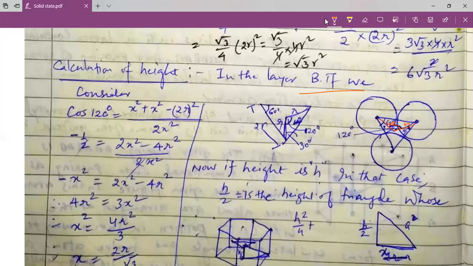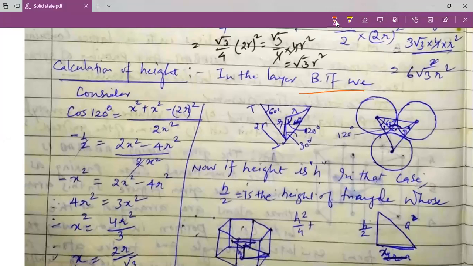No, this angle is 120 plus 30 plus 30. I made a mistake. So you can see that this angle is going to be 120 degree, this angle is 30 degree, and this angle is also going to be 30 degree.